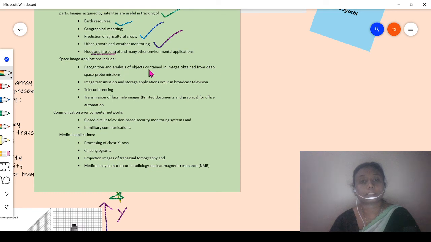Recognition and analysis of images obtained by deep space probes is also playing a major role, and other applications like image transmission and storage in broadcast television, teleconferences, printed documents and graphics in office automation, fax, and communication over computer networks.